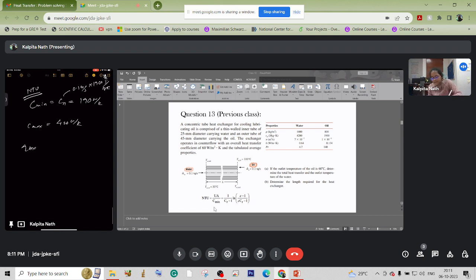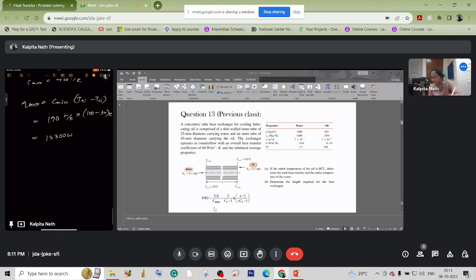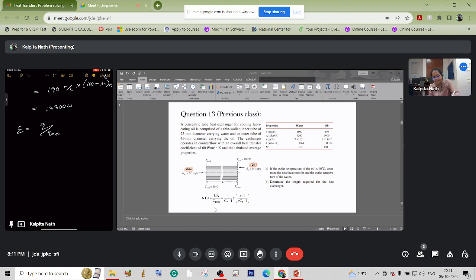So Q maximum is C minimum into Thi minus Tci. So this is 190 watt per Kelvin into 100 minus 30 Kelvin. So this will come out to be 13300 watt, right? And now effectiveness is Q upon Q max, that is actual heat upon maximum heat.